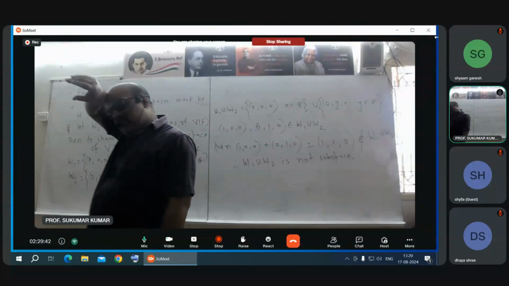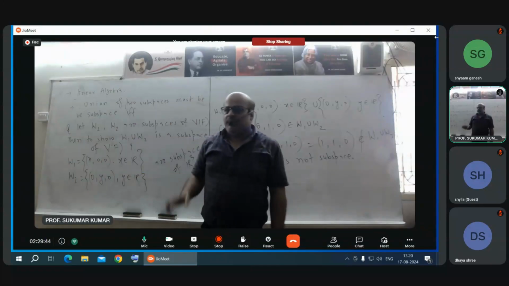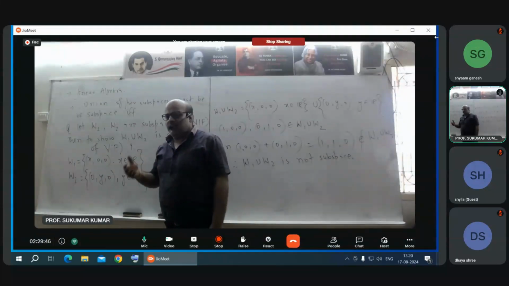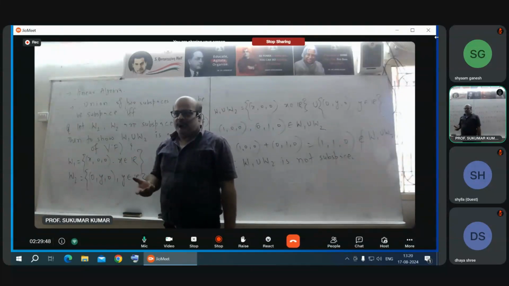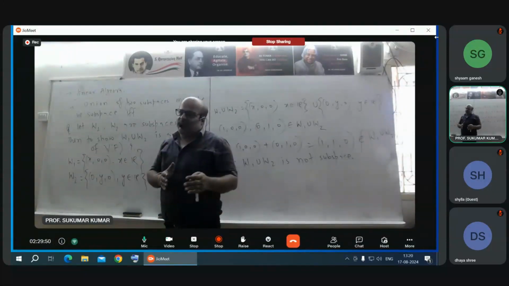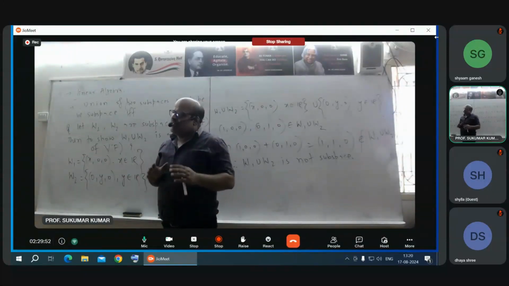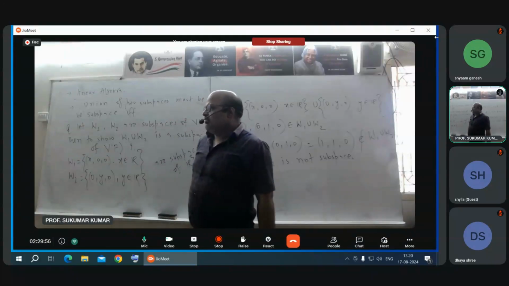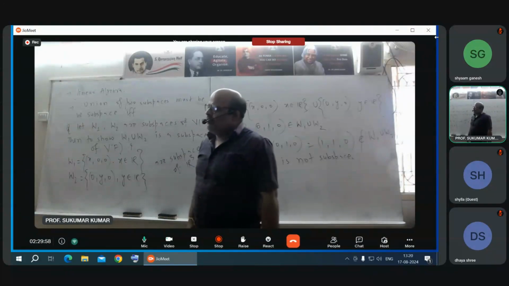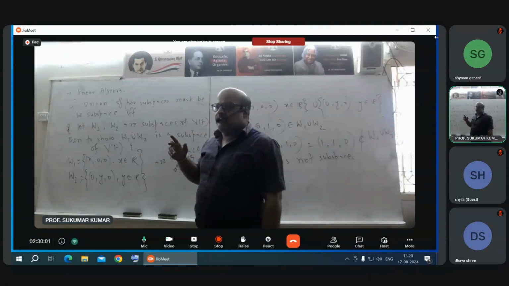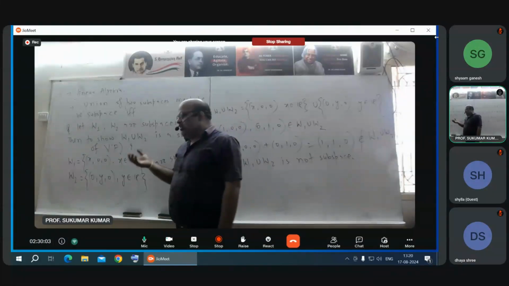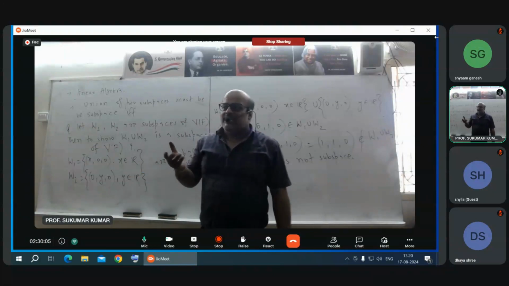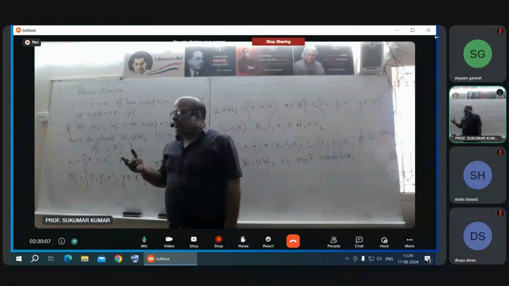The intersection of subspaces must be a subspace. What is the meaning? At least one element will come, that is zero. Any vector subspace contains at least one element, that means the zero vector. We know from the set chapter, or you saw maybe in your 11th, 12th class, disjoint and non-disjoint sets.